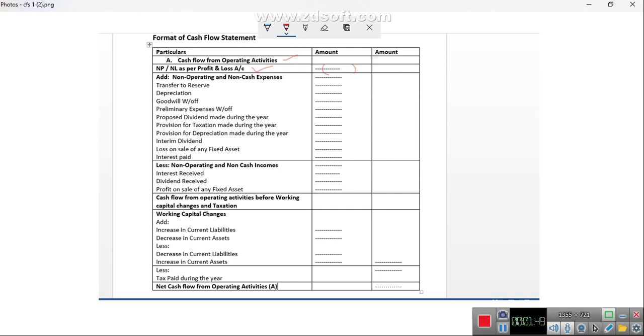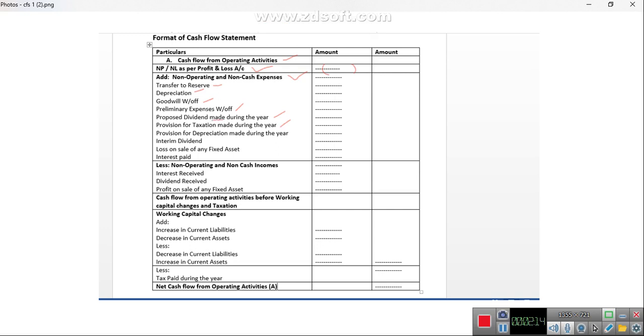Then add all the non-operating and non-cash expenses to it, like transfer to reserves, depreciation, goodwill written off, preliminary expenses written off, proposed dividend made during the year. In detail I will be telling you in this video about this proposed dividend as well. Then provision of tax made during the year.